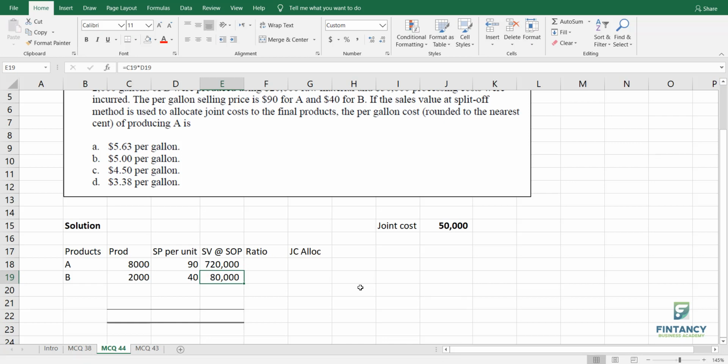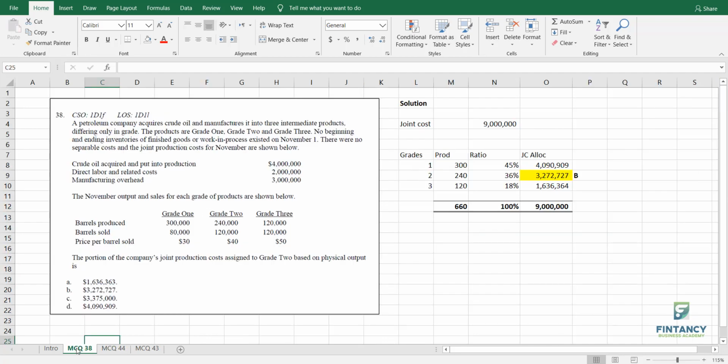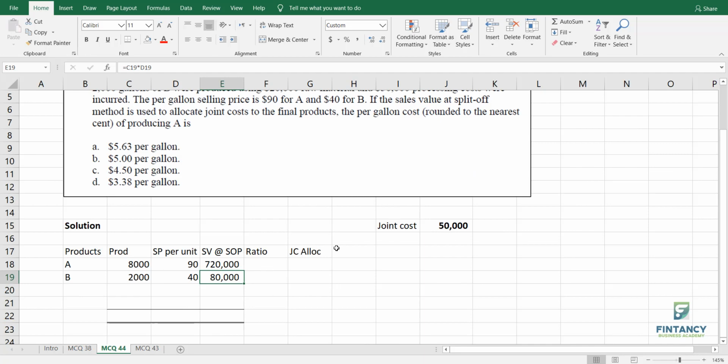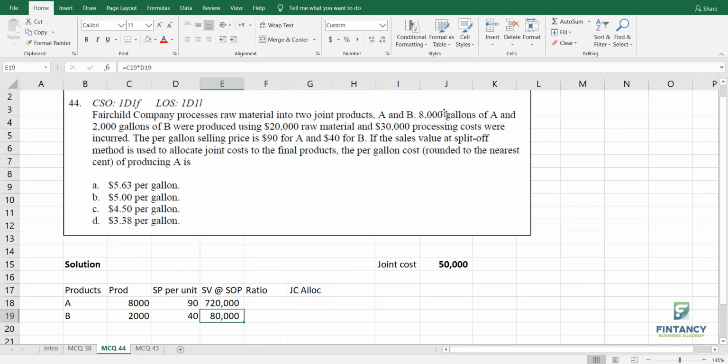Okay, just to tell you one more thing. If you remember the last question, if they give you sales value at split off, will you use production or sales units? I mean to say that in this question also, they told you that we produced 8,000 of A and 2,000 of B. So if they also tell you that we sold 7,000 of A and 1,000 of B, will you take sales here or production?